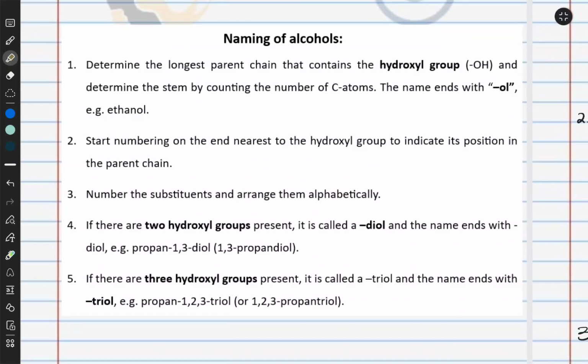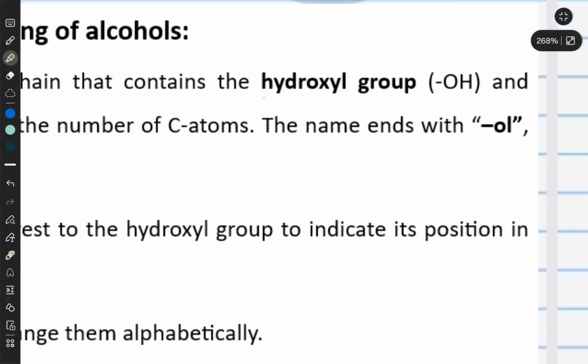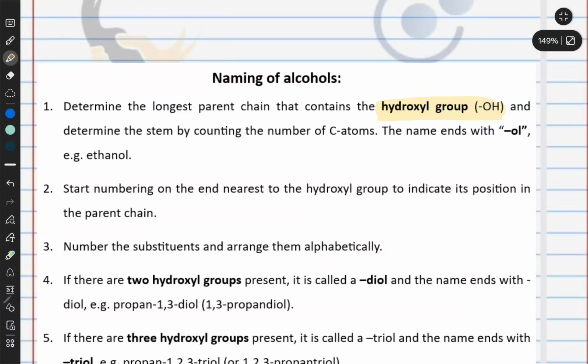Okay, so it's still the same procedure. We always have to determine the longest continuous chain, and in this case, it must contain our hydroxyl group, which is the OH. Once we have done that, we must then count the number of carbon atoms present in that parent chain, or that long continuous chain.